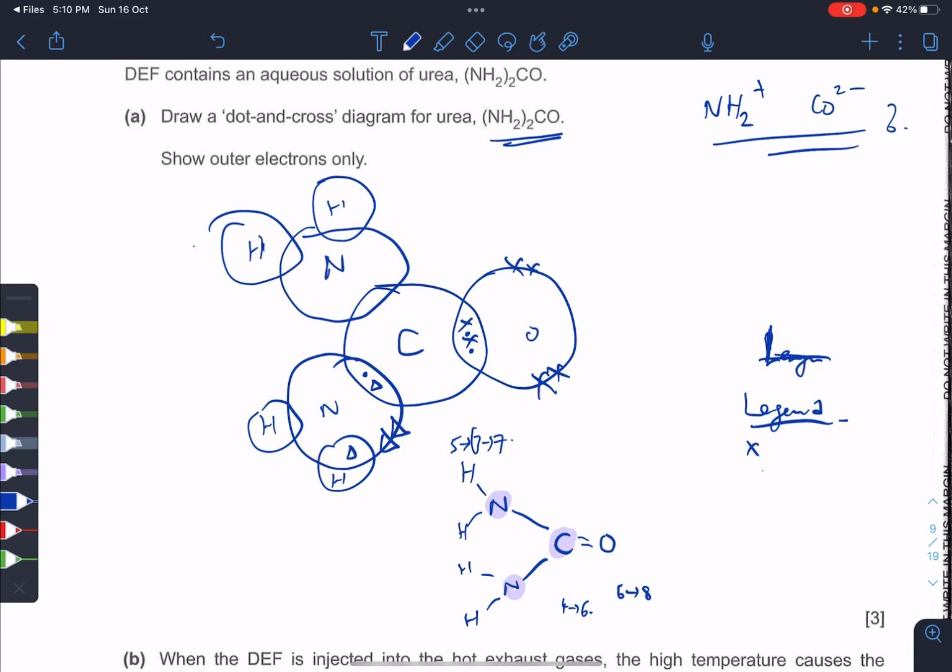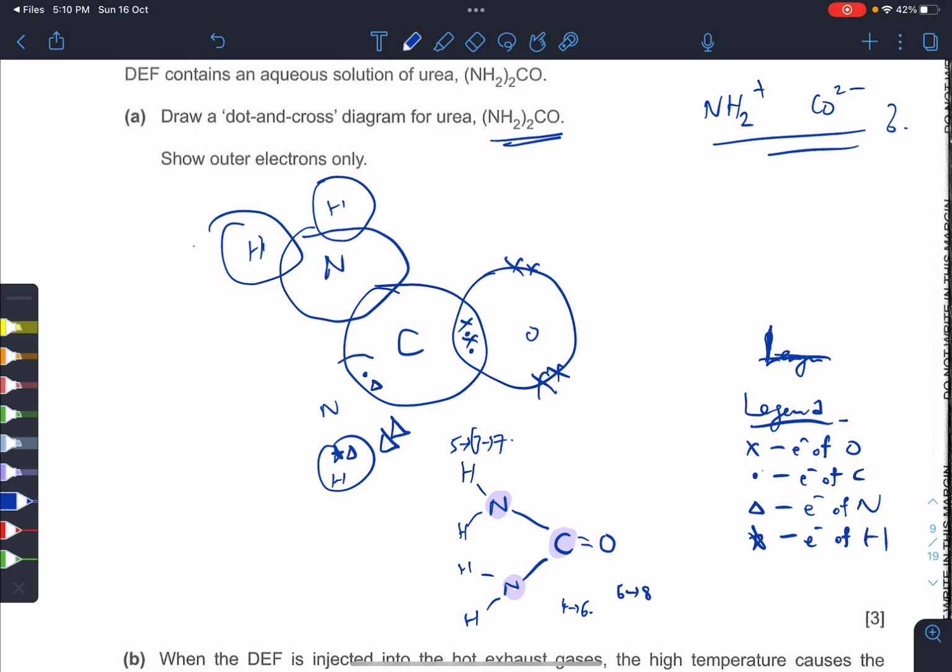So cross represents electron of O. Dot represents electron of C. Triangle represents electron of N. And star represents electron of H. Cool. Make sure your symbols look legit.